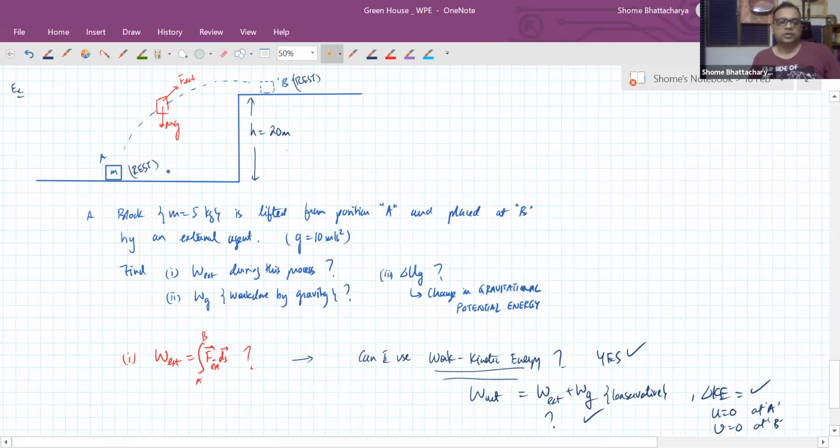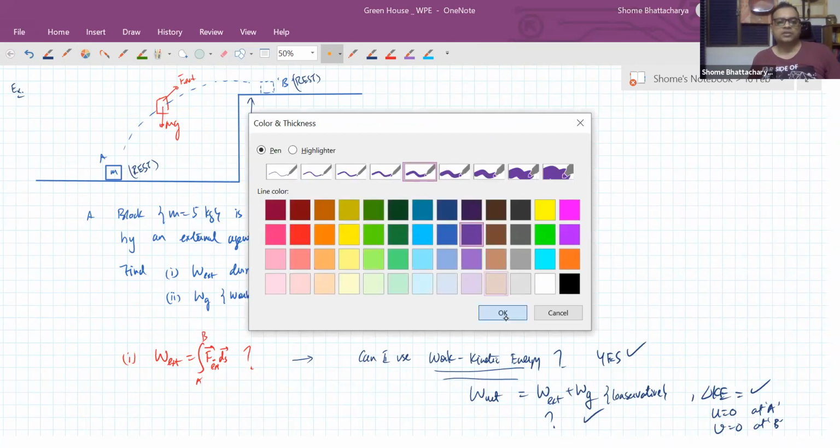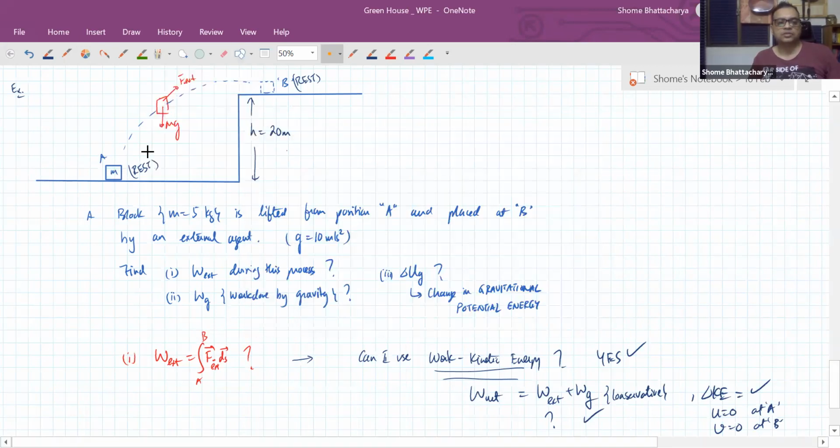So now look, even though it's difficult to calculate the work done by the external force directly, the work done by gravity is easy to calculate because gravity is a constant force, so it will only depend on the displacement. The displacement of the block is some x i cap plus h j cap. You take x and y like this, and mg is minus mg j cap.